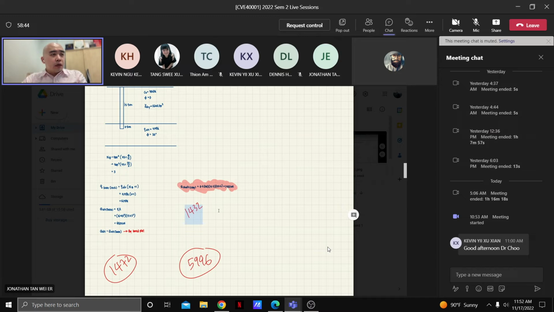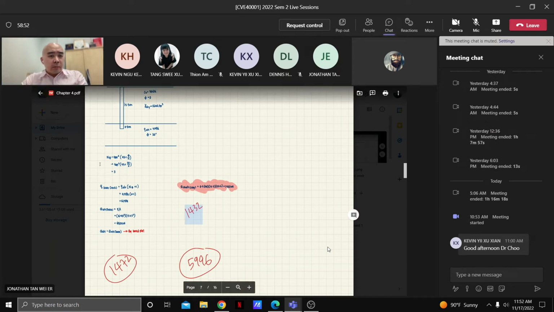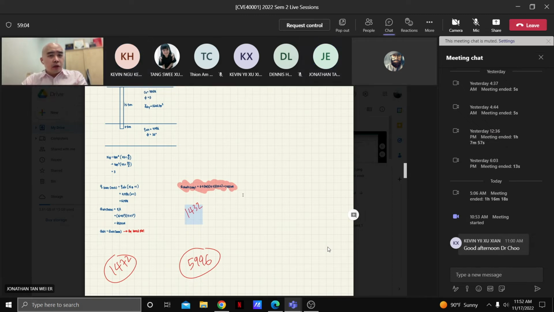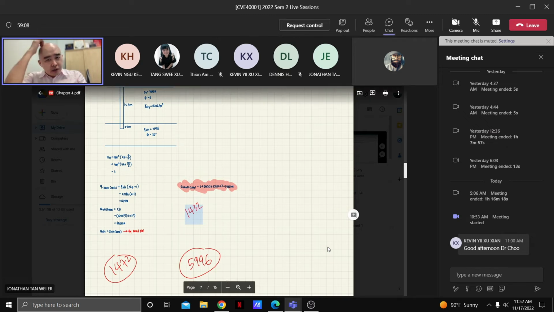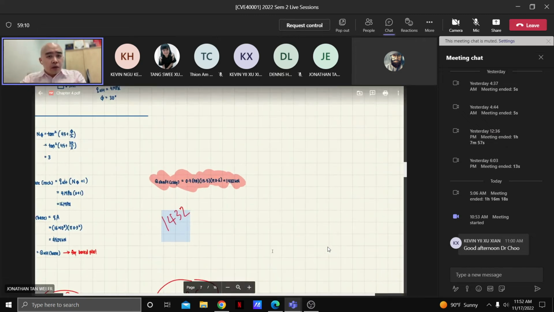Okay, let me see. Your calculation is for the driven pile, right? On the left side is for the bored pile. Then for the driven pile, I only calculate for the shaft. Can you zoom in a little bit, because your handwriting is quite small.